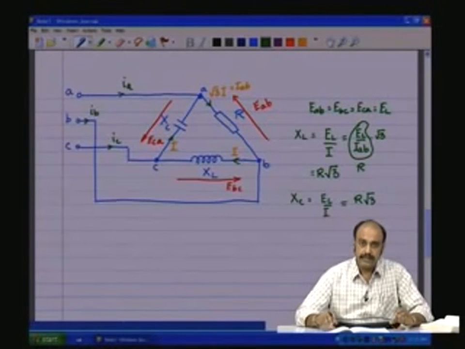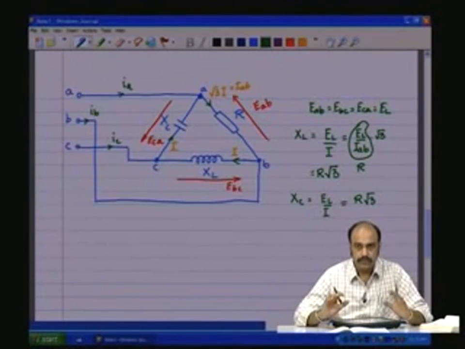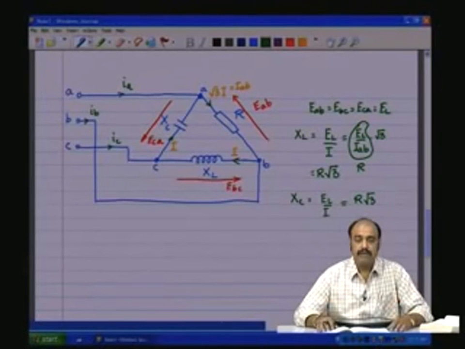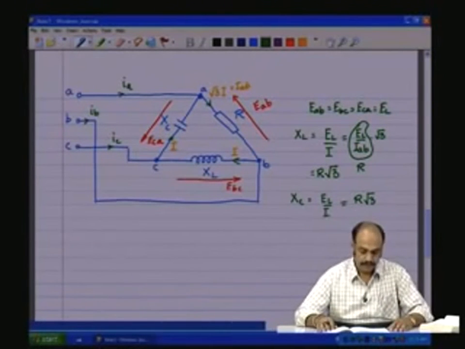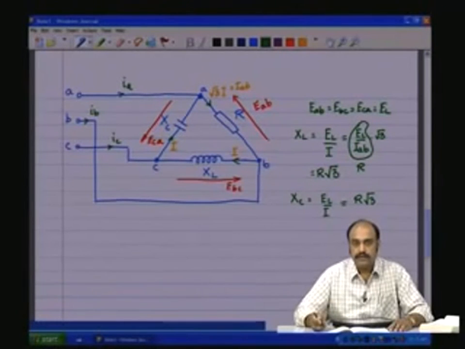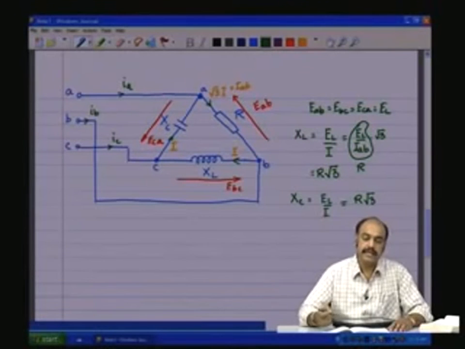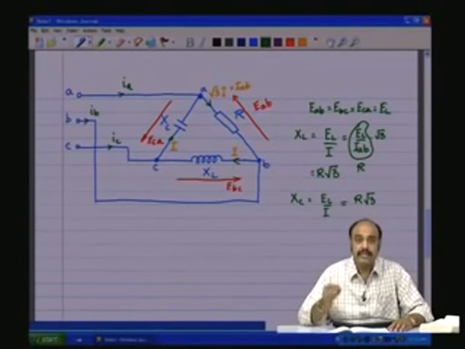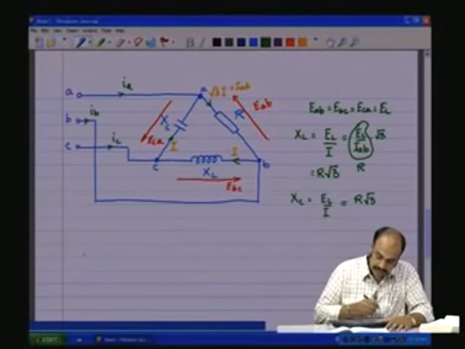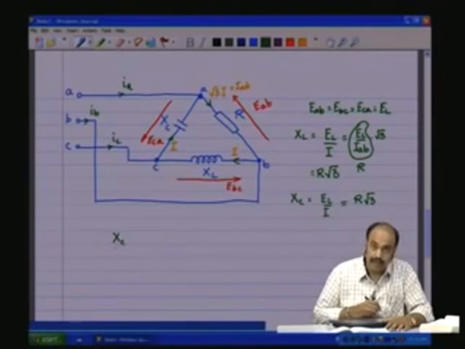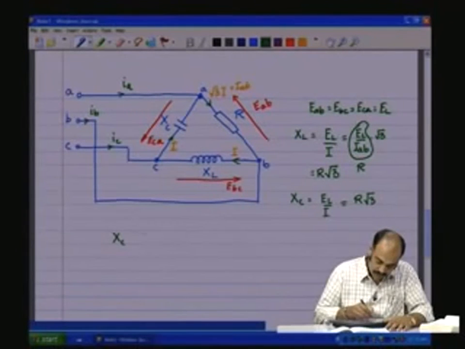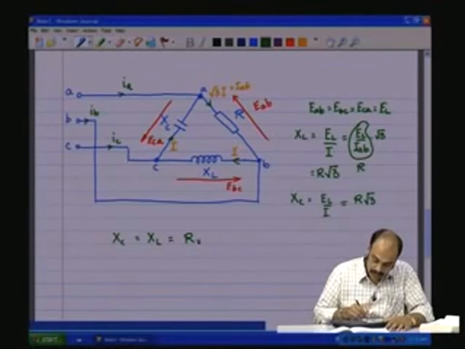In order to make the system balanced, meaning you have the same effective value of currents flowing through all the 3 lines displaced 120 degrees apart, you now add 2 reactances, one XL, the inductive reactance, and XC, the capacitive reactance, as shown, such that XL will be equal to XC equal to the resistive load into root 3.